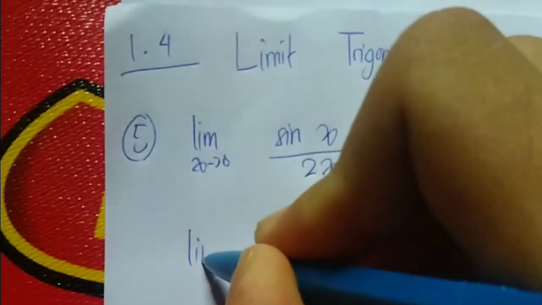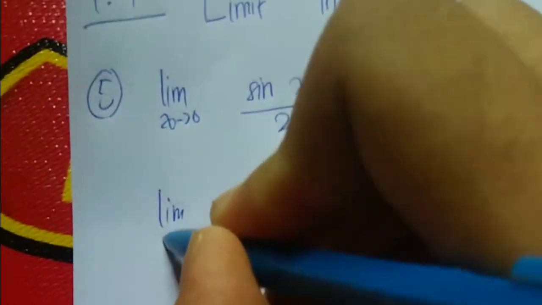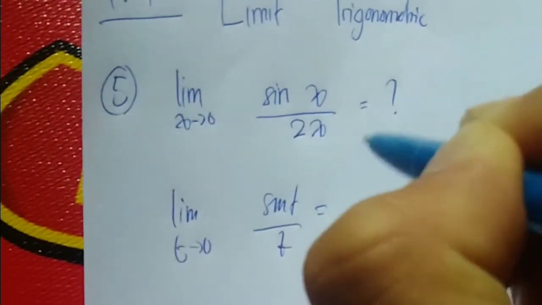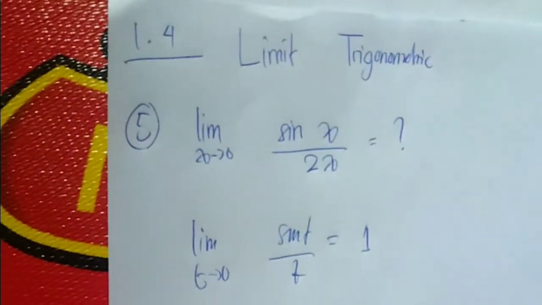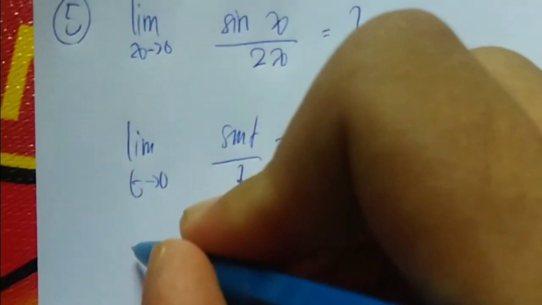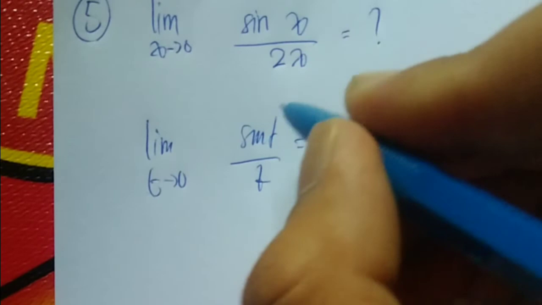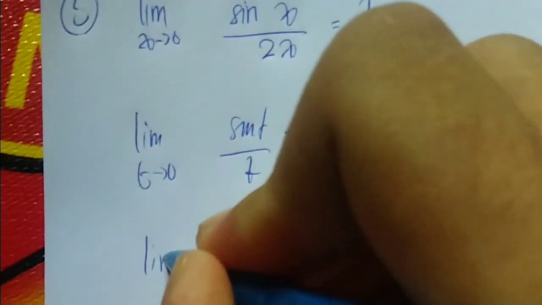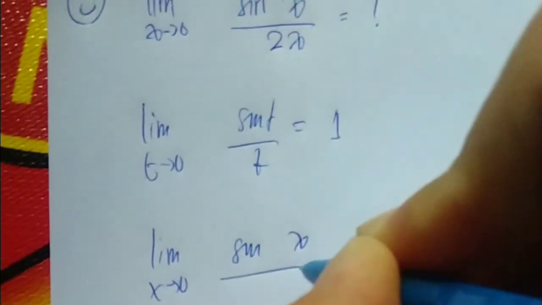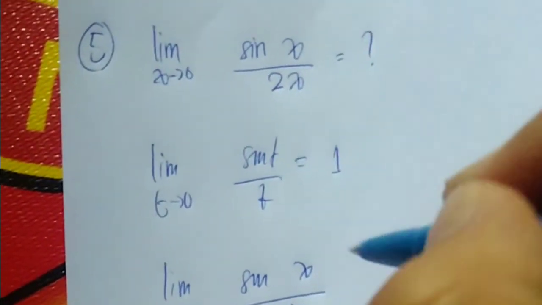In Theorem B, it says that limit t to 0 of sin t per t is equal to 1. Using this equation, we can solve this question. We write limit x to 0 of sin x per 2x.